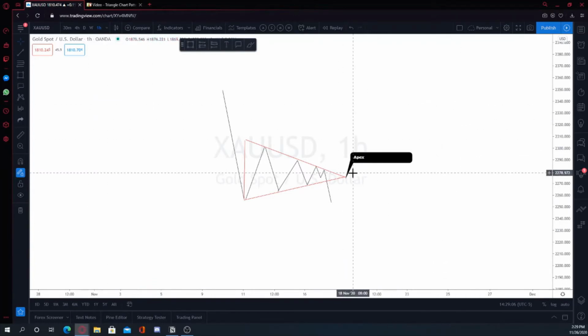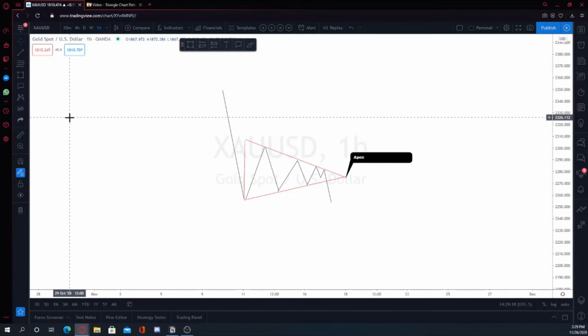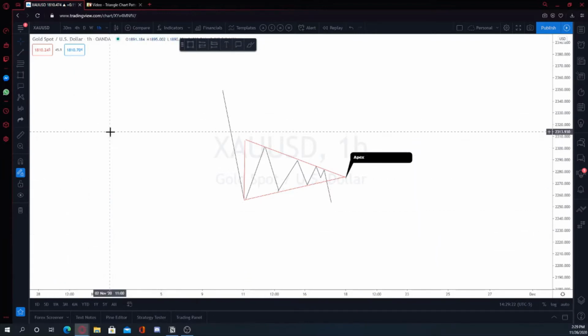The reason the apex is important is because it helps us determine where we should be looking for an entry. Unlike the other patterns we've gone over so far, which retrace up to a kill zone area, this is different. We'll have a detailed video over kill zones. If you're a student who's been with me for a while, you have a pretty good idea about them.